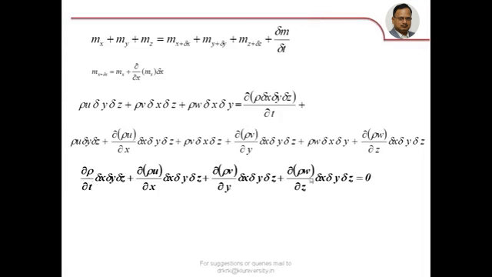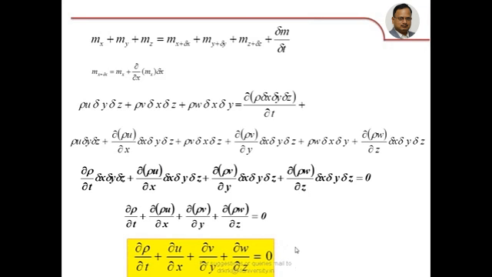You will get this equation, and then cancelling del x del y del z, you will get dou rho by dou t plus dou of rho u by dou x plus dou of rho v by dou y plus dou of rho w by dou z. If density is not varying with respect to x, y, z, you can bring it outside, and then you will get the equation dou rho by dou t plus dou u by dou x plus dou v by dou y plus dou w by dou z is equal to 0.